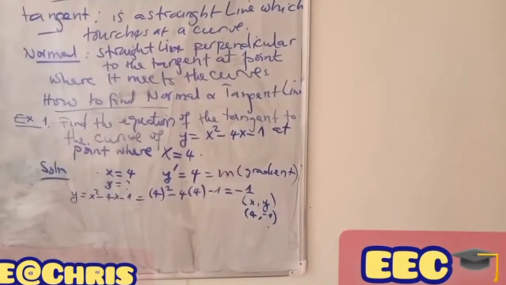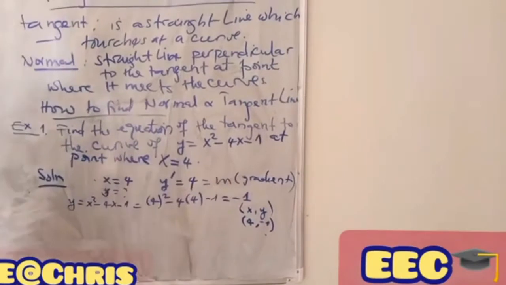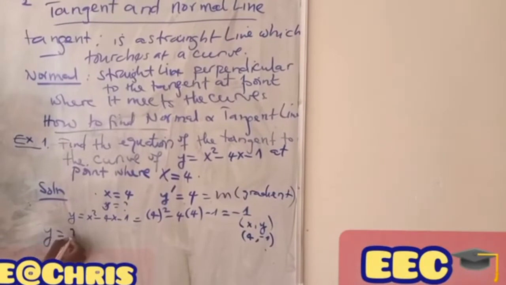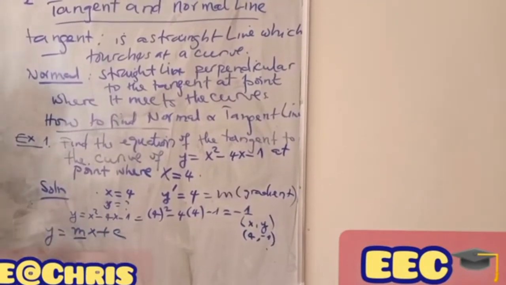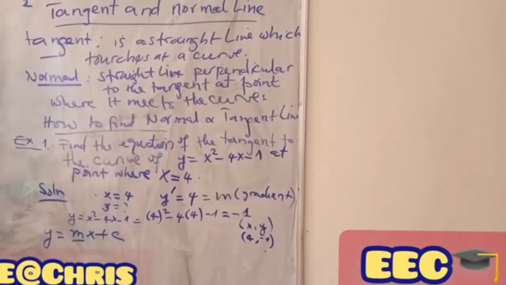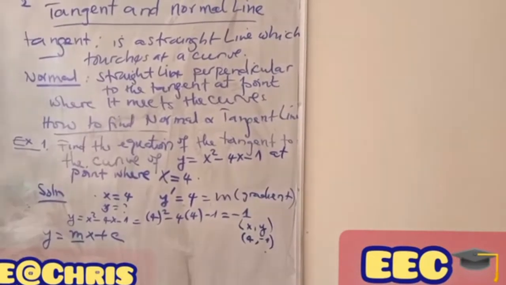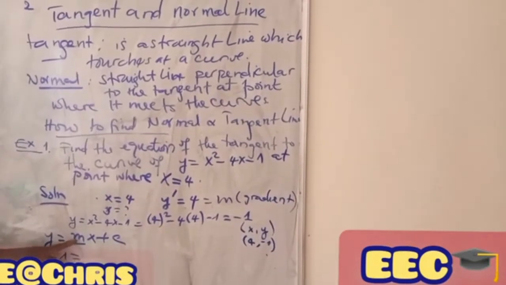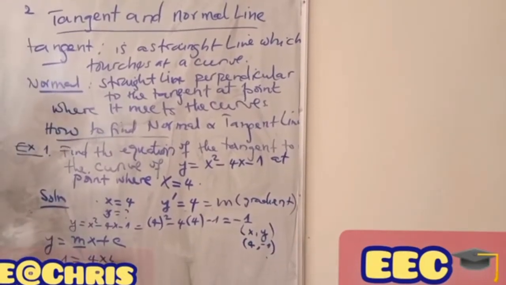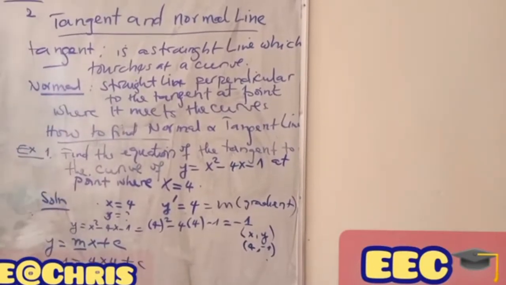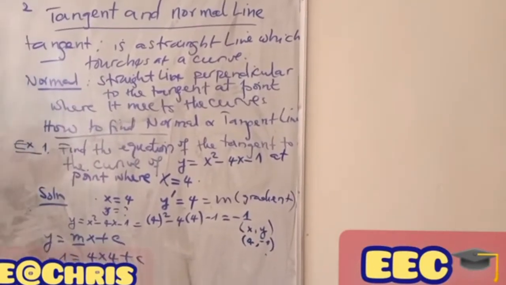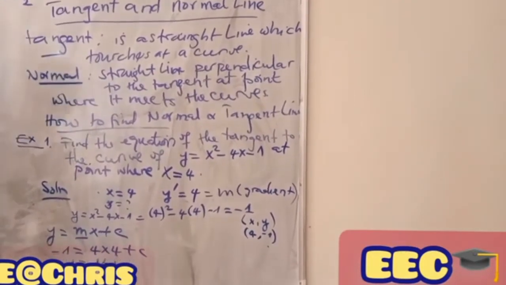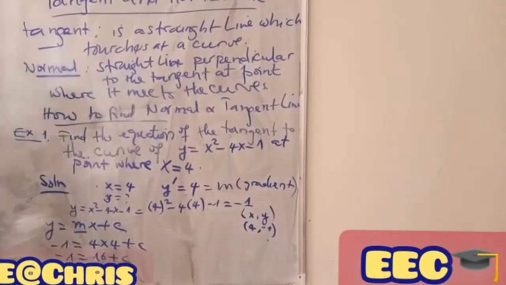This point lies on the tangent line, and we know that y is equal to mx plus c, where m is the gradient and c is a constant. Since y is equal to negative 1, negative 1 equals 4 times 4 plus c, which is 16 plus c, so c is equal to negative 17.